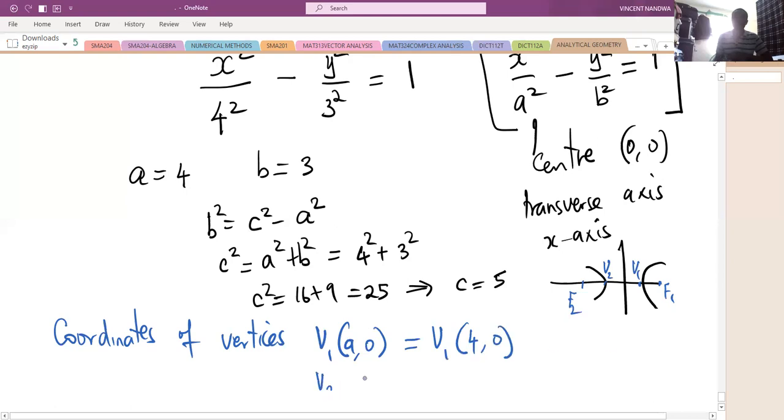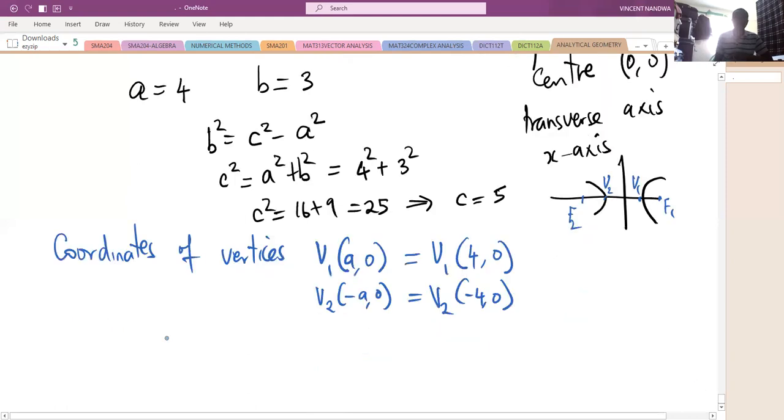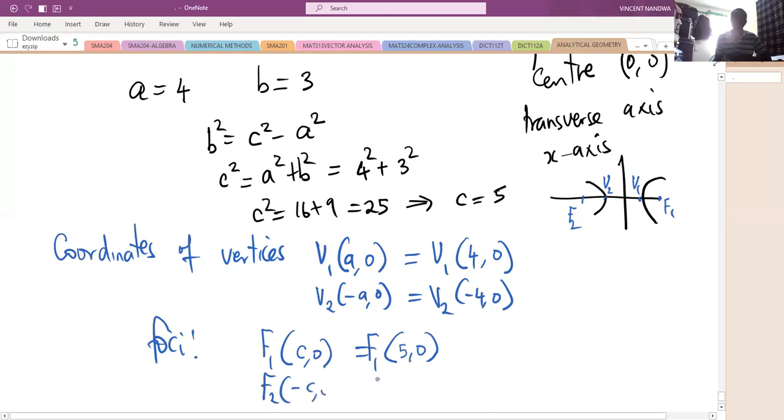V2 is (-a, 0), which means V2 is (-4, 0). And then foci: F1 will be given by (c, 0), which means F1 is (5, 0), and F2 is (-c, 0), which means F2 is (-5, 0).